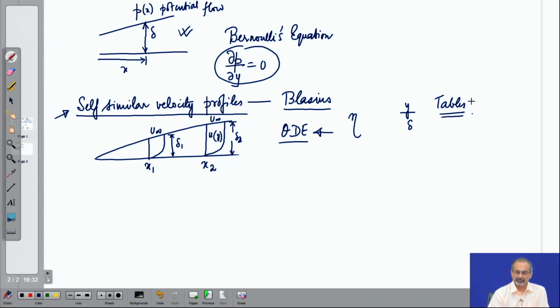So, this was another major development in the theory of laminar boundary layers. We were talking about laminar incompressible boundary layers more specifically.